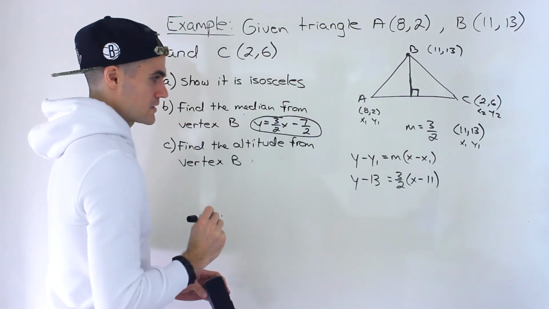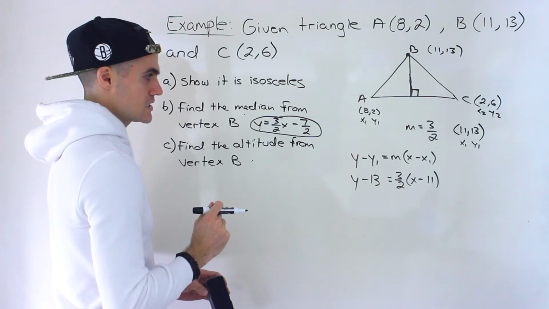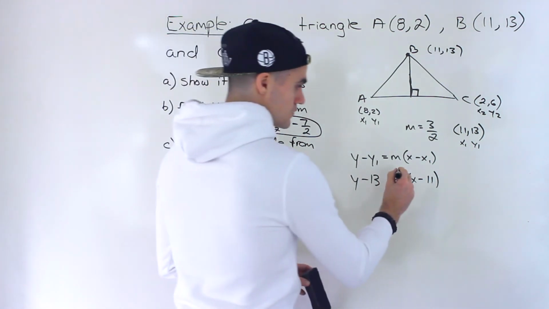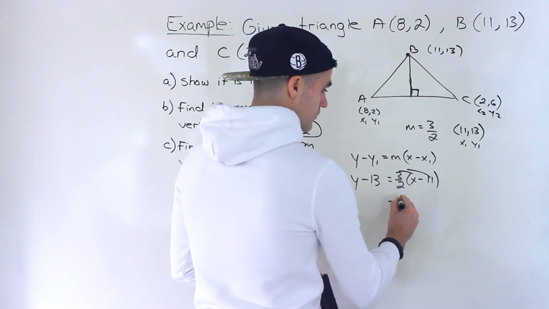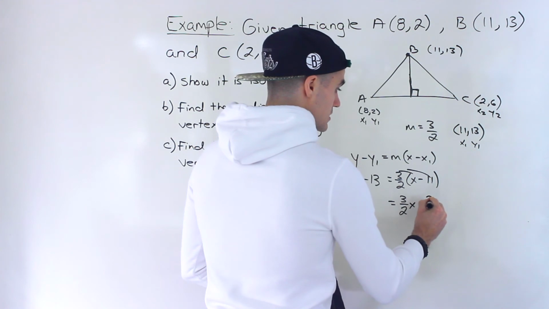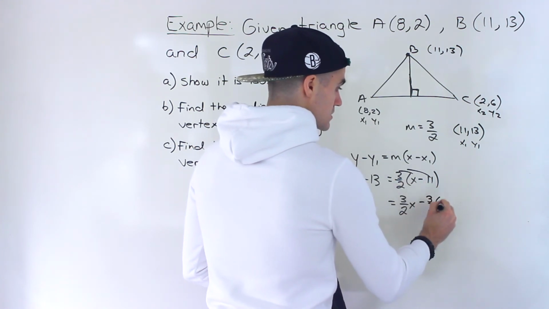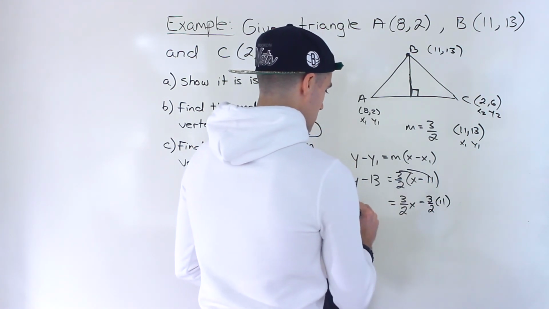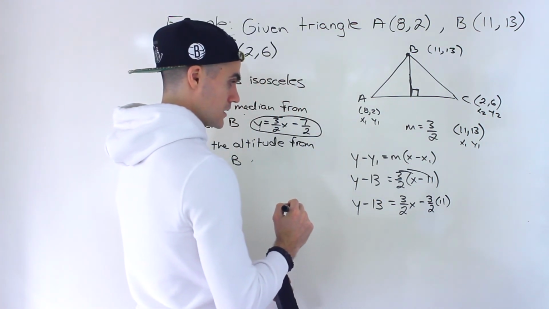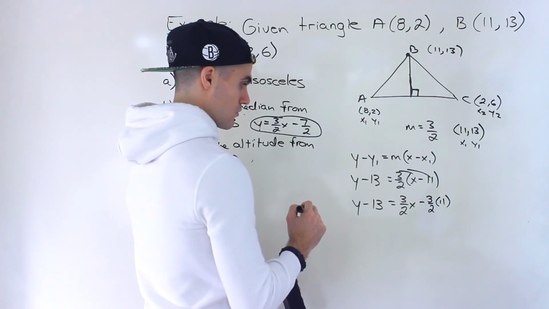Just want to be careful with my steps here, as I don't use this way too much. So what we do here is we expand, so we'd end up with 3 over 2x minus 3 over 2 times 11. Wow, there's so much algebra this way. I don't know why anyone uses this way, to be honest, but let's just go through it.